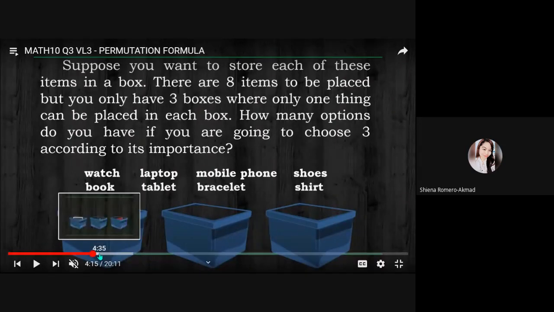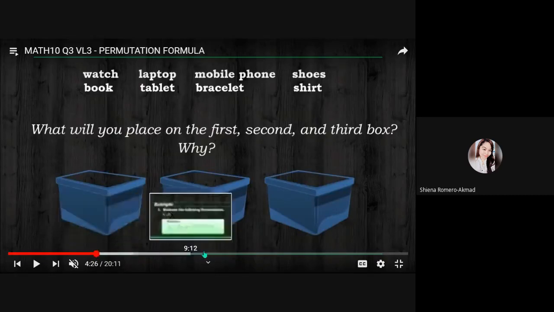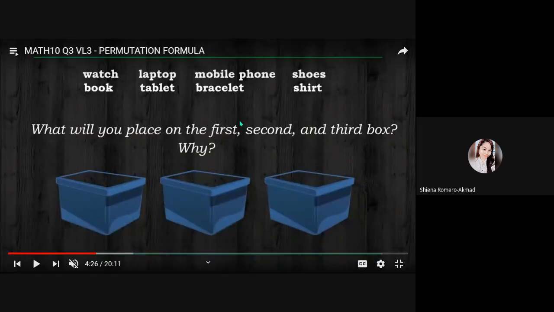So, syempre, iba-iba tayo ng choices, no? Syempre, iba-iba tayo ng personality, iba-iba tayo ng mga priorities, and so on. So, kaya nga, di ba? Why are you going to put this item in the first box, second box, or third box? What is your reason? Syempre, pag tinanong ko kayo isa-isa, iba-iba kayo ng choices. And of course, ako iba din ang choice ko.